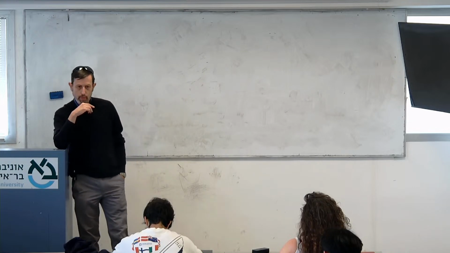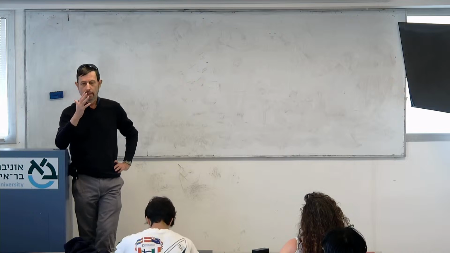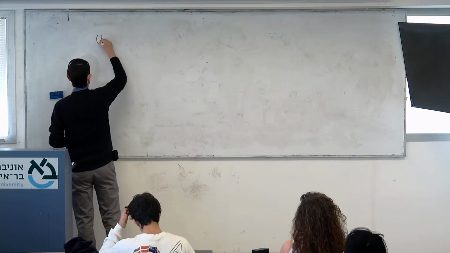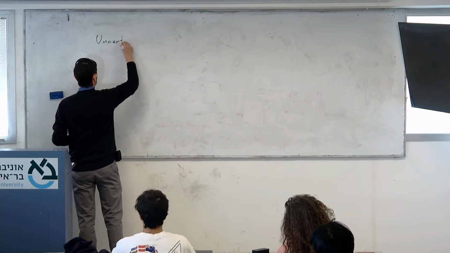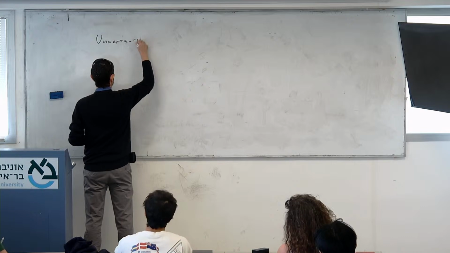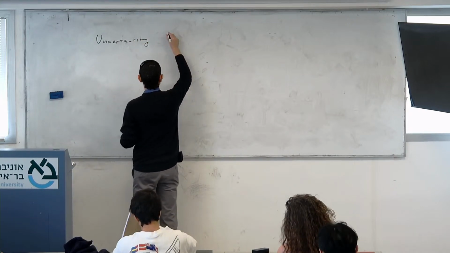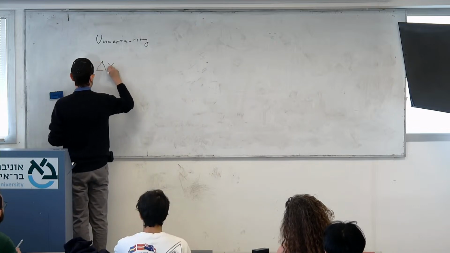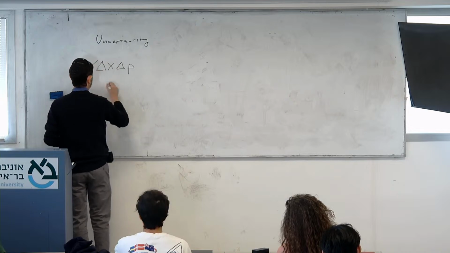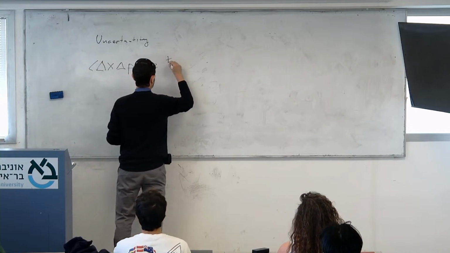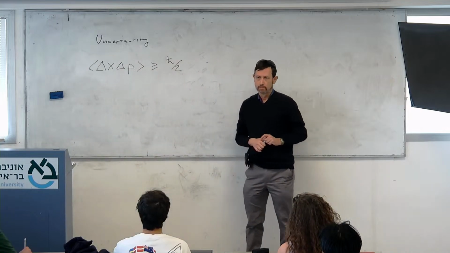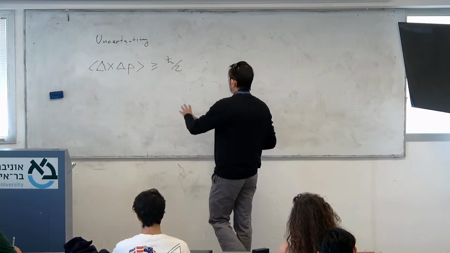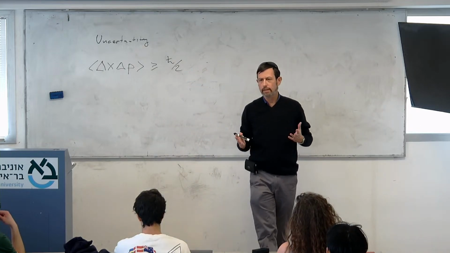Okay, so what we're going to do is, first of all, prove the formulation of the uncertainty principle. First we will have to define what is delta T and what is delta X. And basically, what does it tell us?